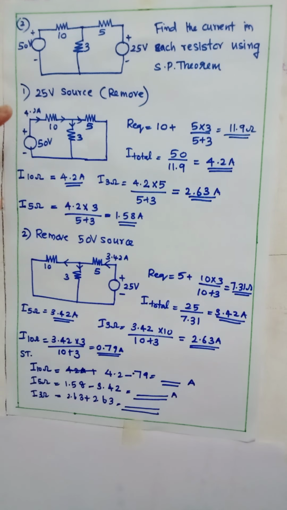So from this we can find current responses in 10 ohm resistor, 5 ohm resistor and 3 ohm resistor using superposition theorem. Thank you.